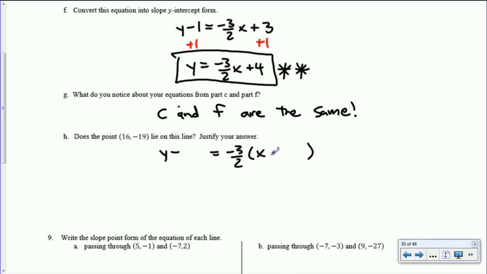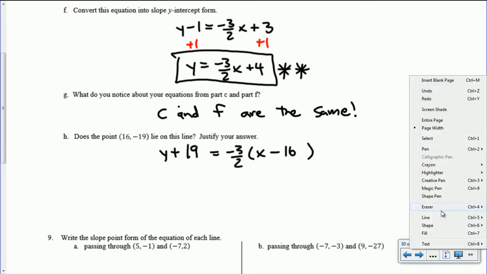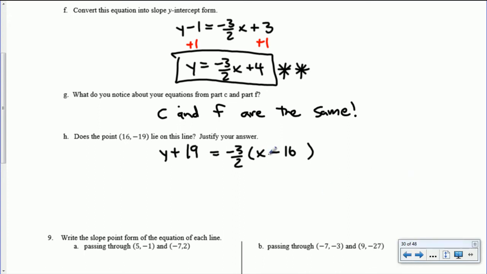So 16 goes here, and so x minus 16, right? Y minus negative 19, so that will be y plus 19. So now let's see. So if 16, negative 19 lies on this line, I should produce the same slope y-intercept form after some simplification. So let's see if it does.